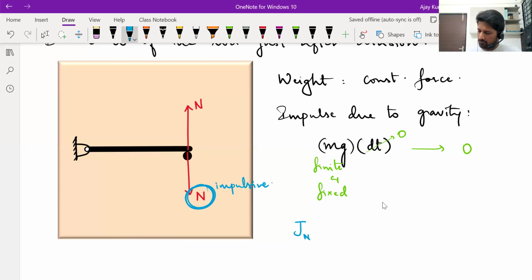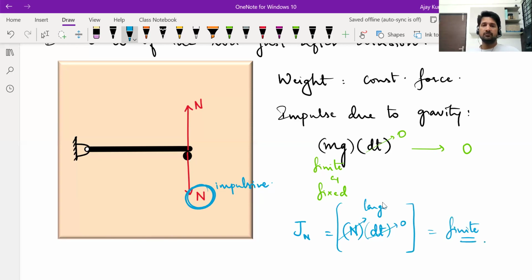Impulse due to normal force is normal force multiplied with dt. dt still tends to 0. But what happens is normal force is a very large value there. It's a large force acting for a very short interval of time. Then the product, a very large number multiplied with a very small number, will be a finite number.